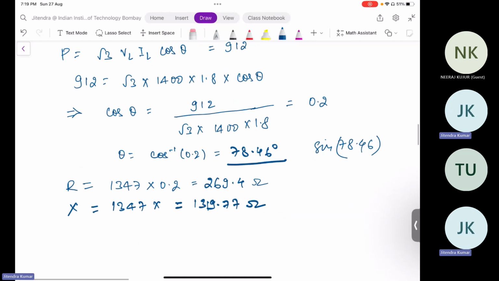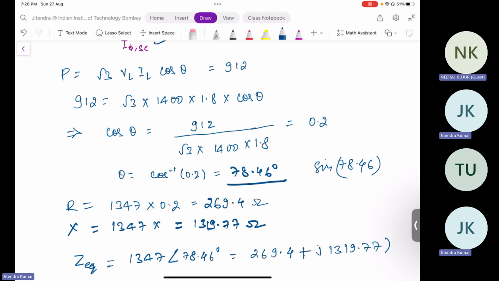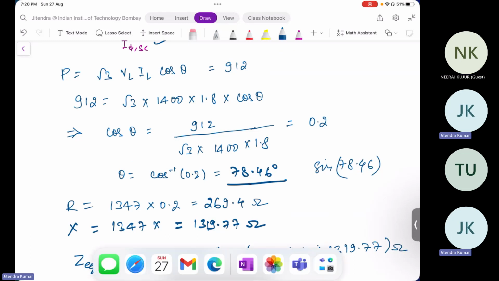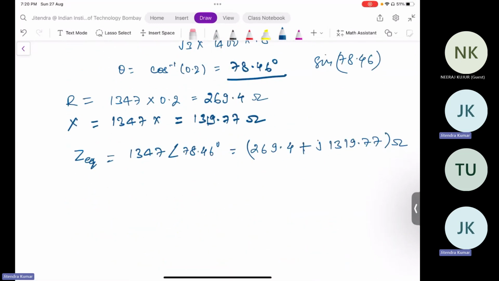So now we can write the series equivalent parameter, first in polar form: 1347 angle 78.46 degrees is equal to 269.4 plus j1319.77.